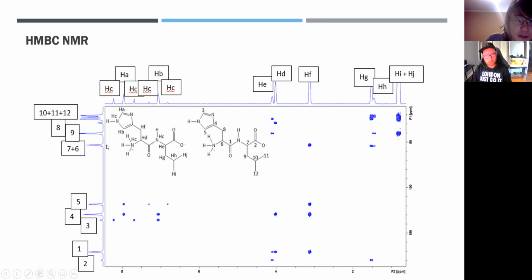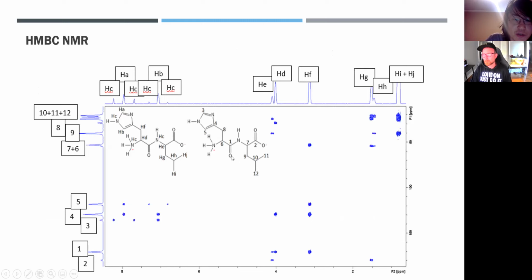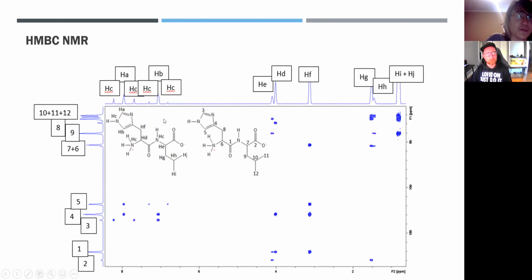It's hard to see in this table right here, so if we scroll to the correlation table, we see that carbon 7 interacts with G and H. So G right here and H right here. That means carbon 7 belongs to the leucine amino acid, while carbon 6 interacts with F, which belongs to the methylene group on the histidine side chain.